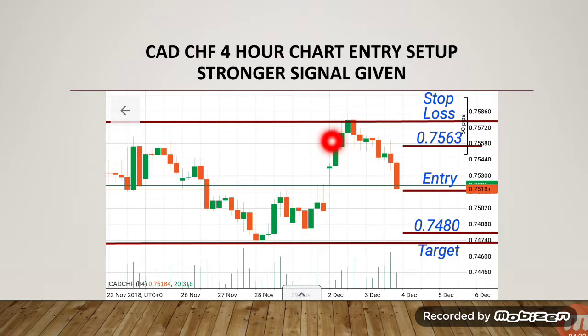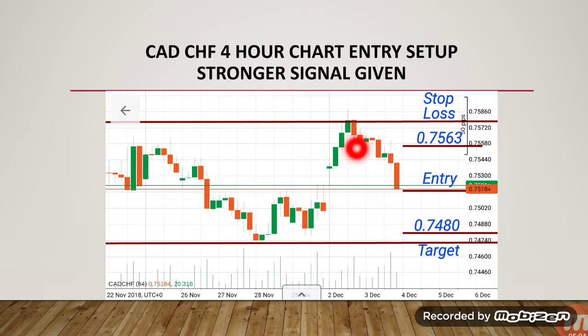And as you can see here, eventually the market did provide us with that signal in the form of this bearish engulfing candlestick formation. And since this was also halfway between resistance and support, it was deemed a very strong signal. So entry took place at the close of this candle, with the stop loss placed at 0.7563 above the formation and the target set at 0.7480, just above the support boundary of this setup.